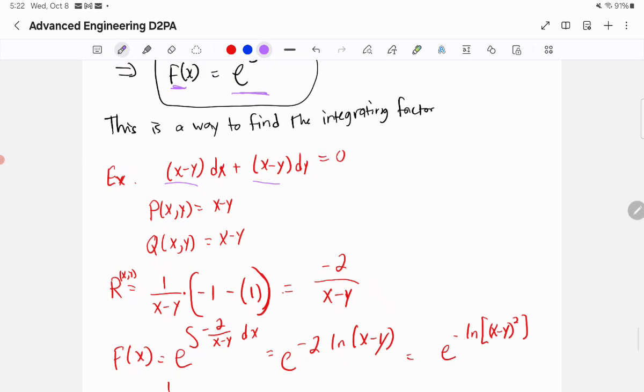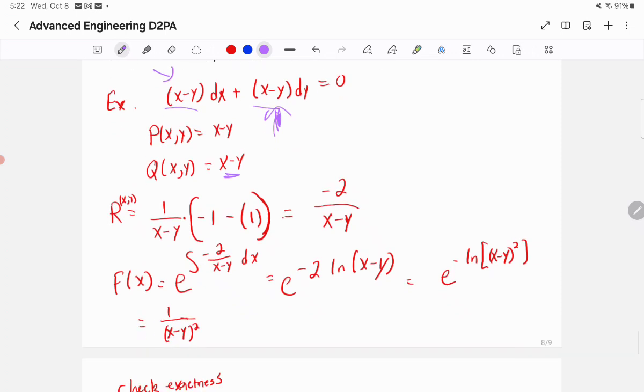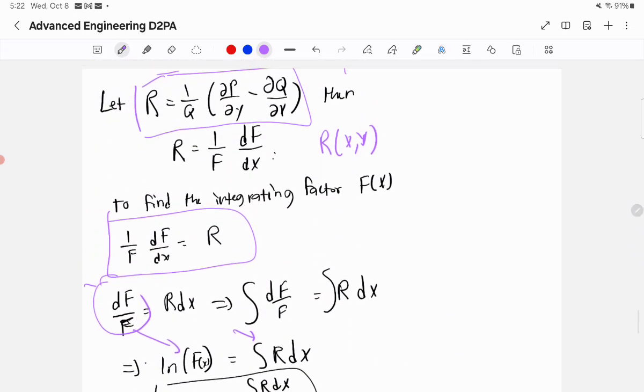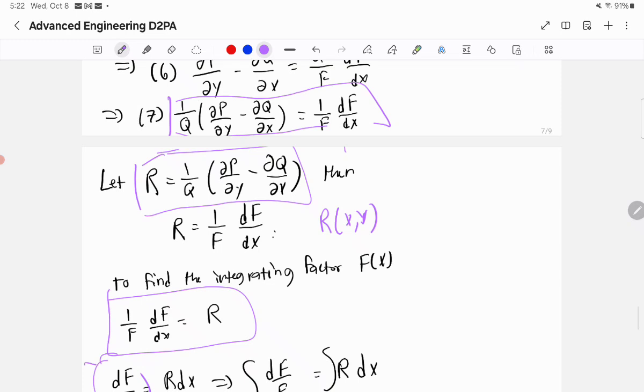So what I'm going to do is I'm going to say, okay, well, my q is x minus y. My p is also x minus y. If I can take the partial derivatives here, because, right, this is dp dy.